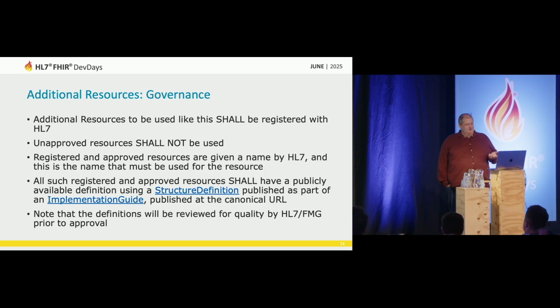All such registered and approved resources shall have a publicly available definition, base structure definition, published in an IG and published at the canonical URL. So there's never any question about where to find it. And the definitions will be reviewed for quality by HL7 and FMG prior to approval on an ongoing basis. And most of them will actually be subject directly to the authority of FMG anyway.